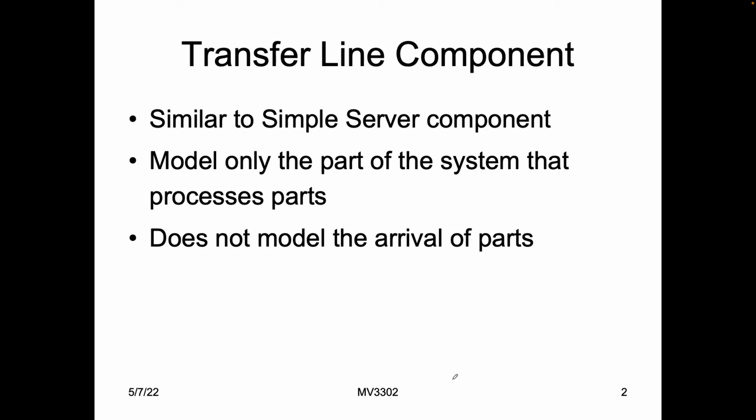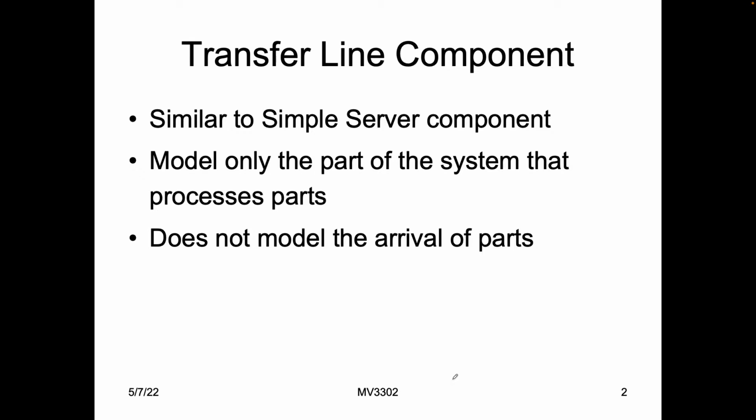Okay, so if you remember, we took the multiple server queue model and then turned it into two components, in which one was the arrival process that we had already done, and the second was just the server component piece. And that only modeled the part of the system that processed the service part.